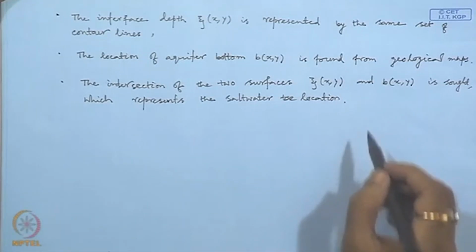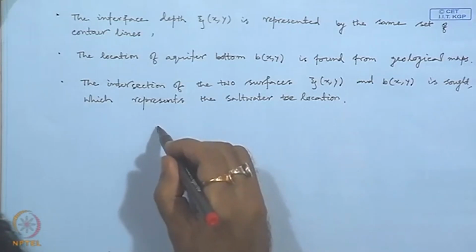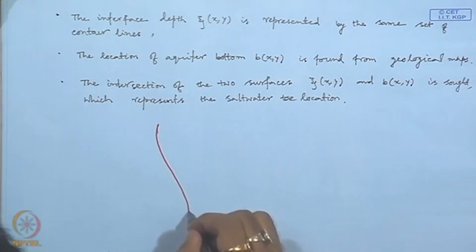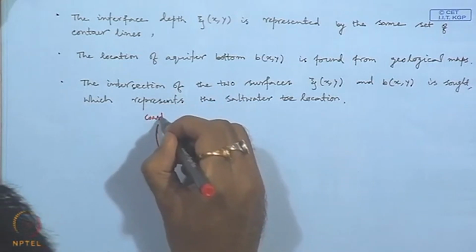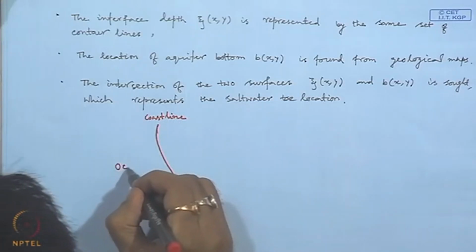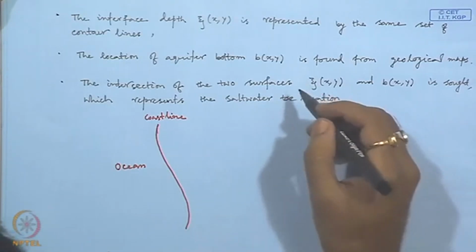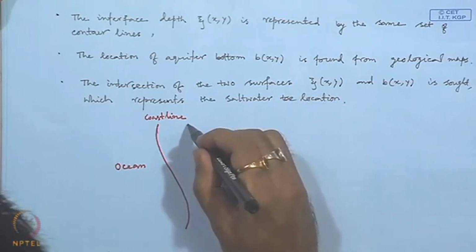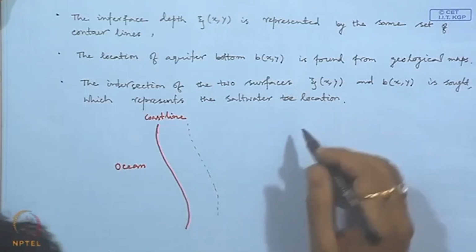So, with this method, let us say we have our coastline like this, and this is our ocean, and with dotted lines I am representing the freshwater equipotential lines.